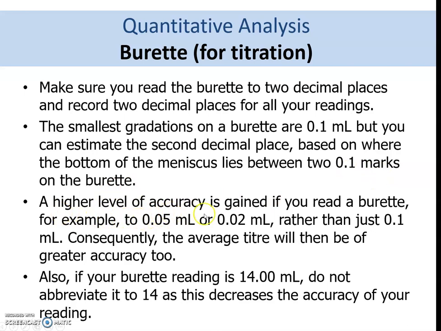A higher level of accuracy is gained if you read a burette, for example, to 0.05 milliliter or 0.02 milliliter rather than just 0.1 milliliter. Consequently, the average titration will then be of greater accuracy too. Also, if your burette reading is 14.00 mL, do not abbreviate it to 14, as this decreases the accuracy of your reading.